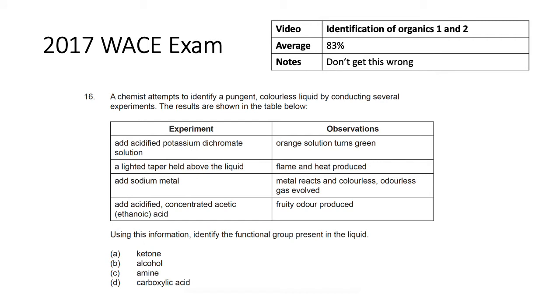Again, identification. Remember that all of the organics are pungent. We just need to work out what things are. Add acidified potassium dichromate. That's oxidation. Does it oxidize? Yes, it does. Does it burn? Yes, it does. That's combustion, which all things do anyway. Add sodium metal. Metal reacts, colorless, odorless gas evolves. That is the reduction reaction, so that's a yes.